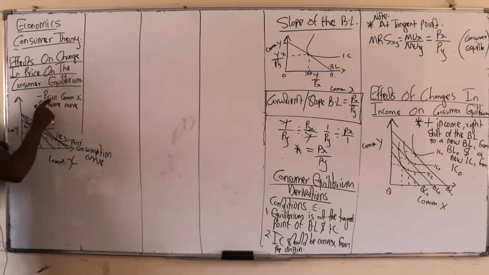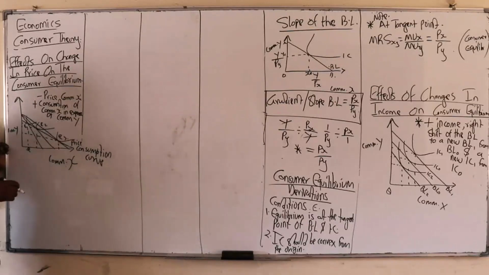If we reduce the price of commodity X, then people will increase consumption of commodity X at the expense of commodity Y. Is it?